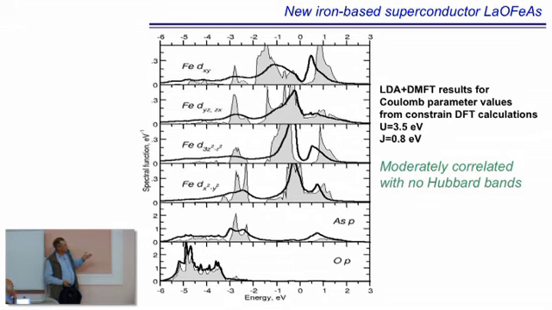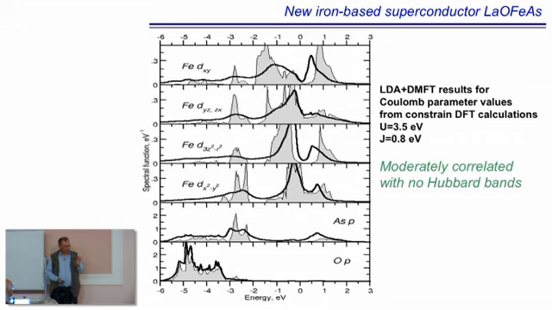So our conclusion is that it's moderately correlated. We have practically no Hubbard band. This is just admixture to the arsenic band. But we have typical narrowing of the bands. So the bands of the family are narrowed, and significantly. Effective mass enhancement is 2, 3. But no Hubbard bands.